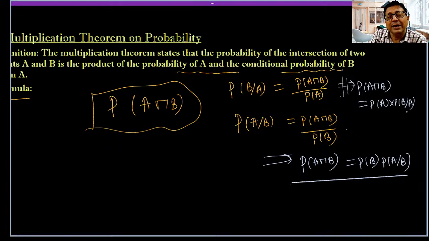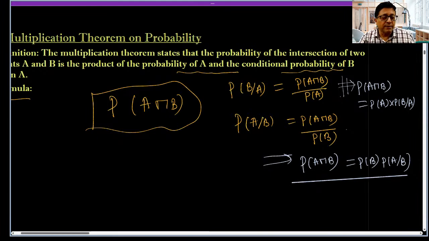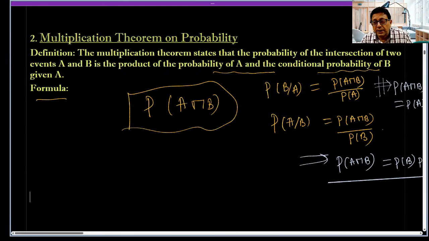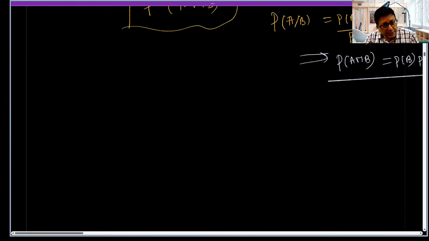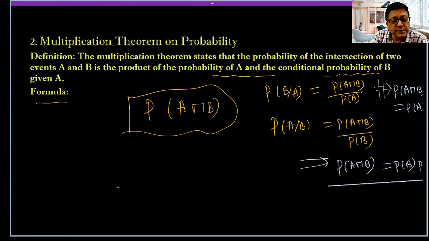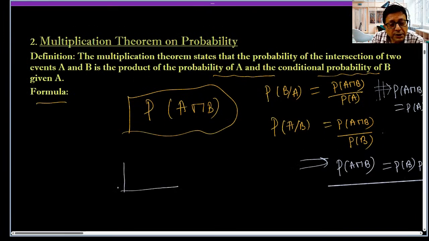So let me give you one simple example. Suppose an urn contains two white and three red balls.